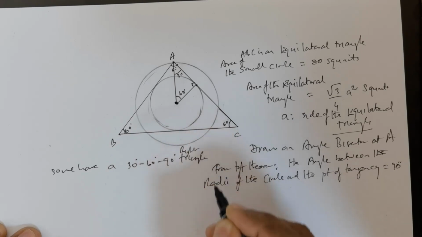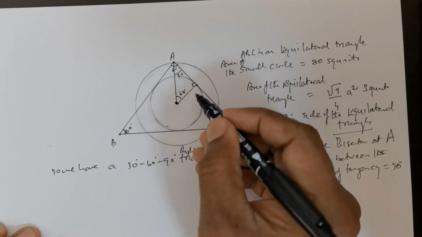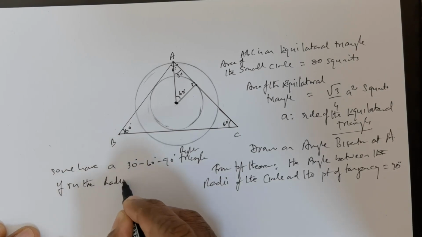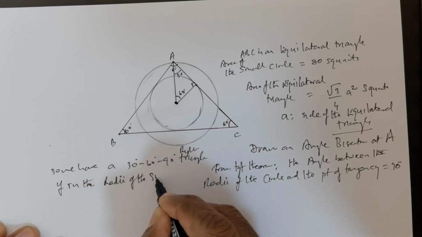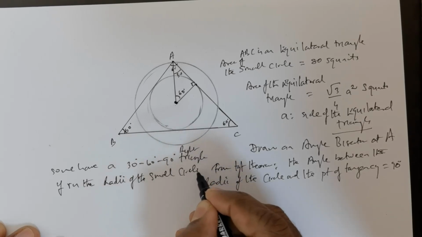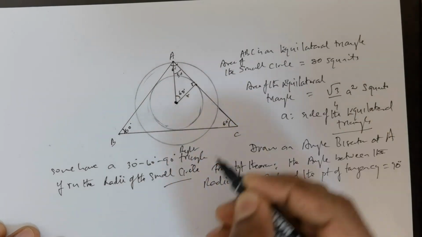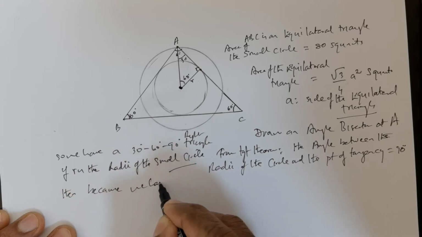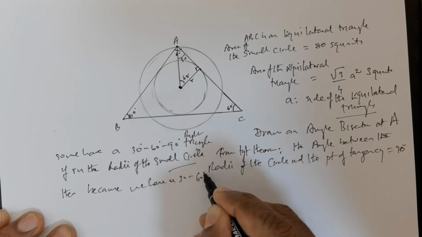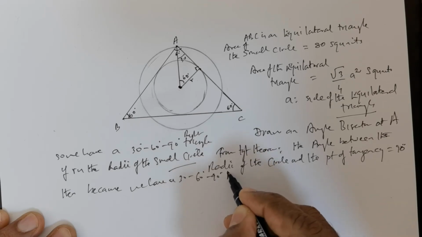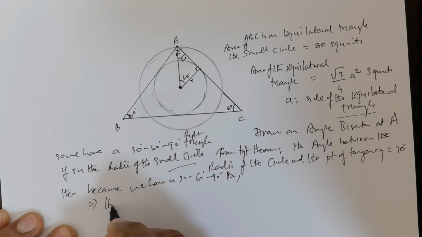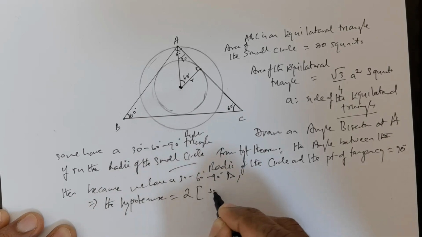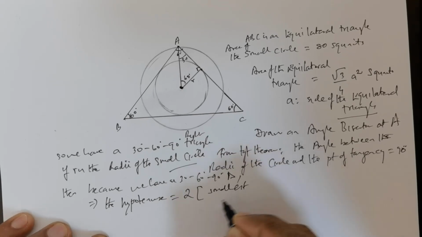Now if r be the radius of the small circle, then because we have a 30-60-90 right triangle, the hypotenuse will be equal to 2 times the smallest side.